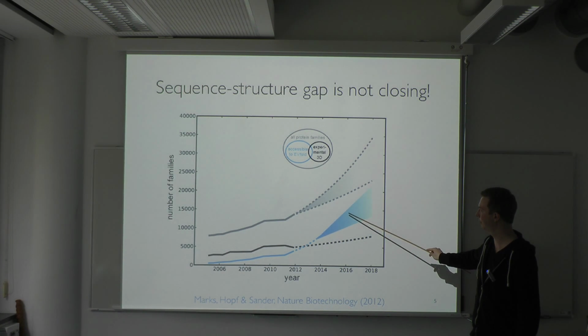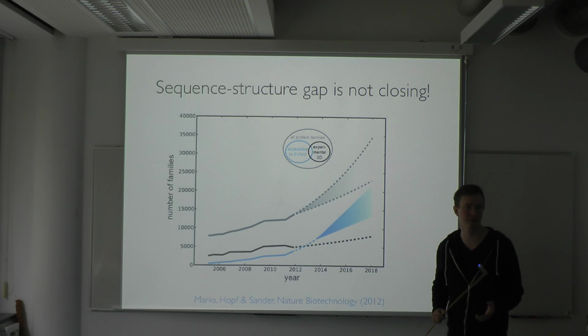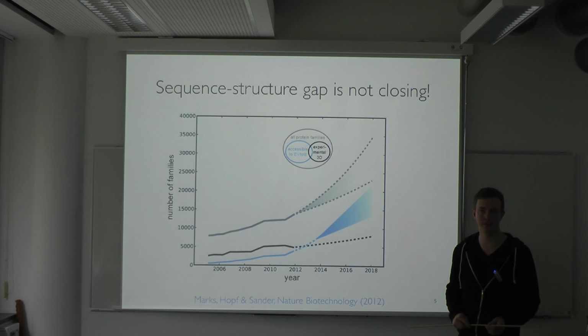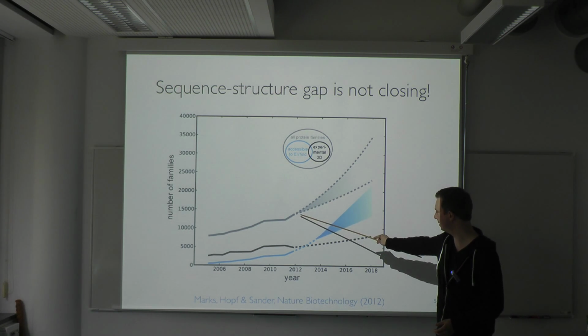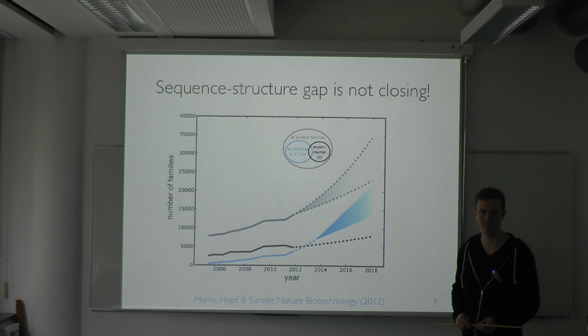And you want to know for lots of these sequences, what do the proteins look like? But the gap between the number of sequences and the number of structures just hasn't closed, even though these structure experiments have gotten faster and more efficient.